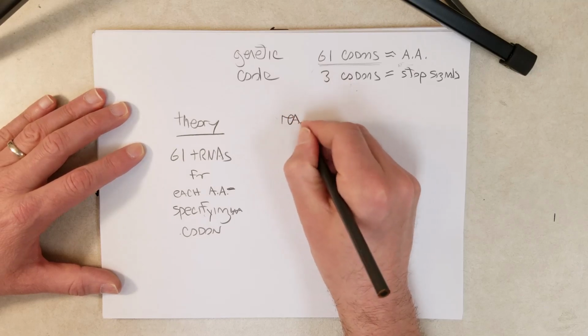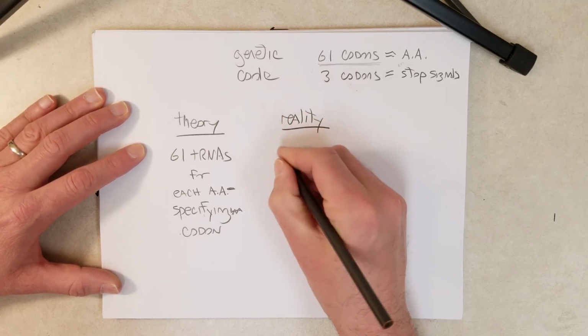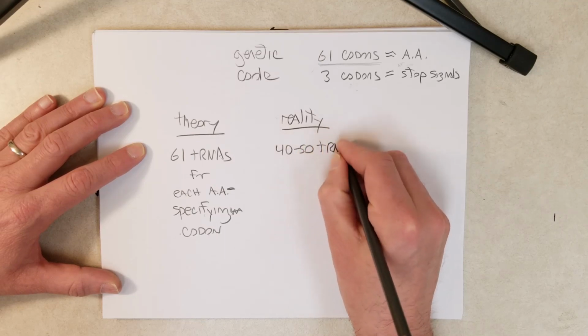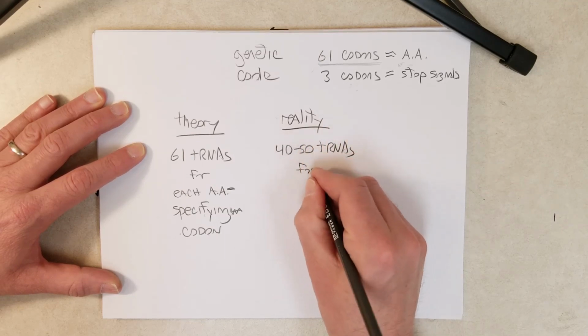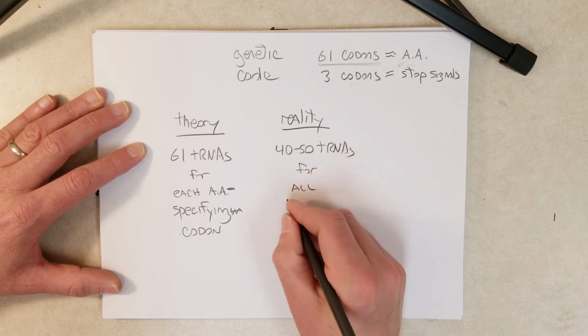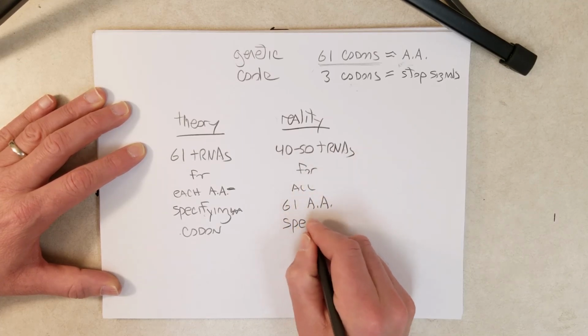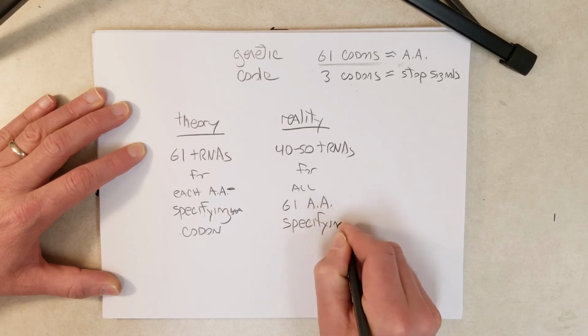In reality, cells only have 40 to 50 different tRNAs for all 61 amino acid-specifying codons.